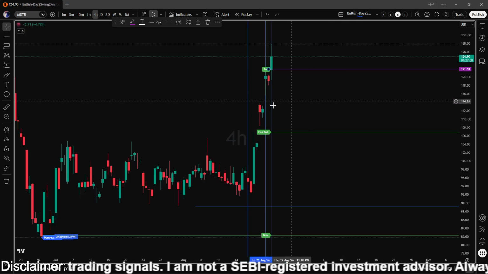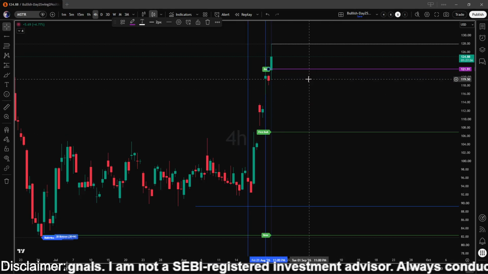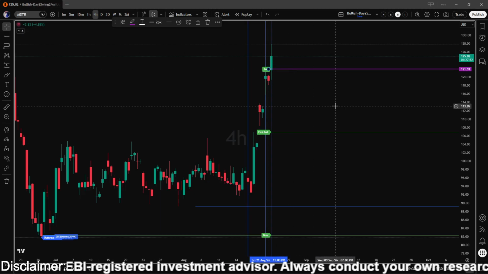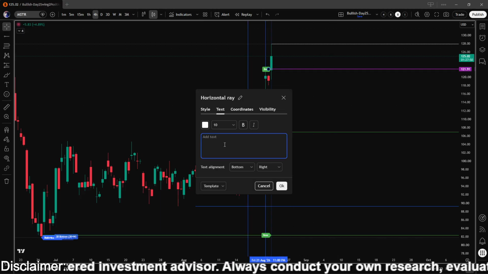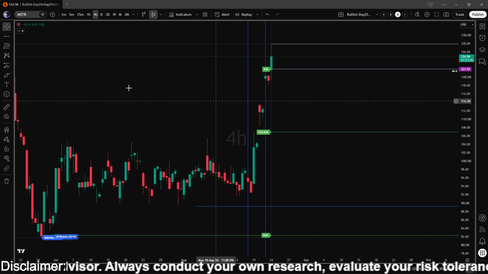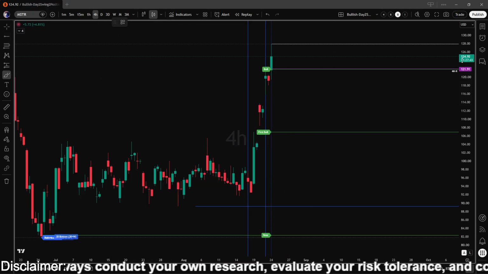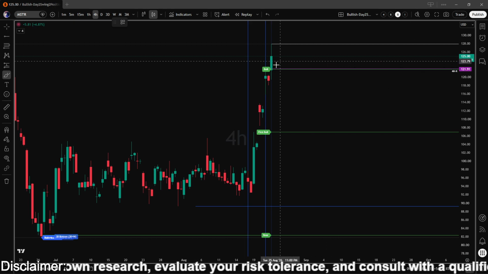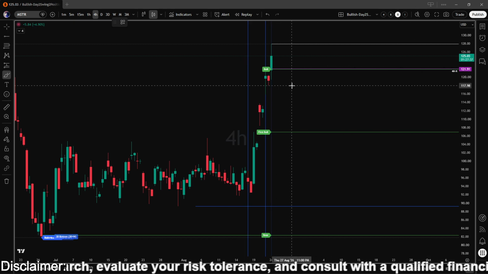So right now in the 4-hour time frame, in terms of its ongoing candle, we have this level which is acting as a 4-hour resistance, and as we can see, we still have 1 hour 27 minutes and 40 seconds left for the closing of this 4-hour candle.